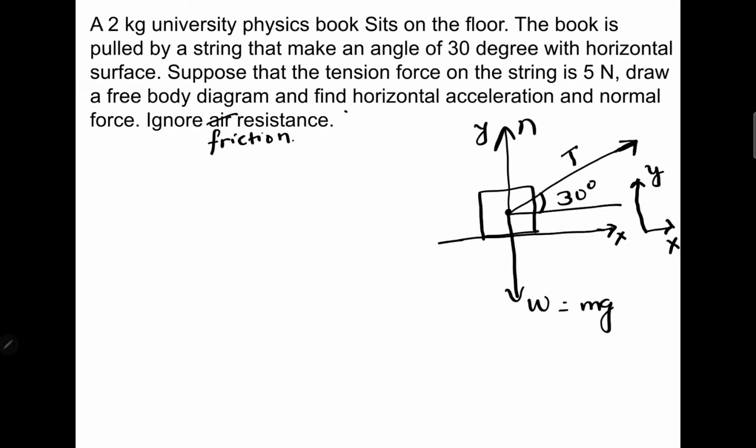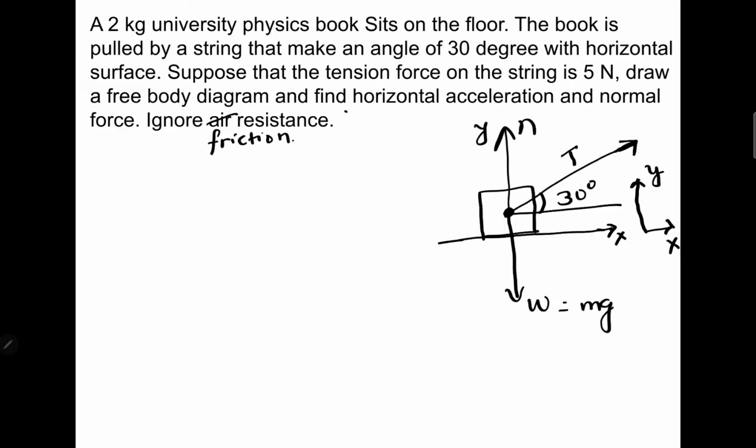This is called the free body diagram. You can simply put a dot for the book, and you can even remove the surface on which the book is kept, that is the floor, and simply put the dot for the book or any given object, or just simply draw like this.